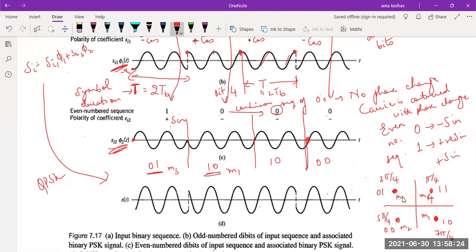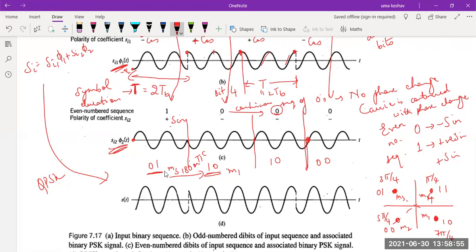From here to here, it is 90 degrees, right? And from here to here, it is another 90. So the total phase change between M3 and M1 is 180 degrees or pi radians. So what should I do? I will consider the basic phase of M3 and add pi radians to that.